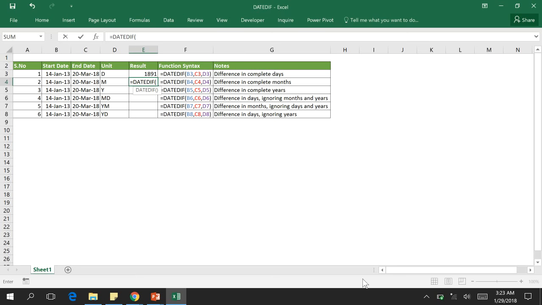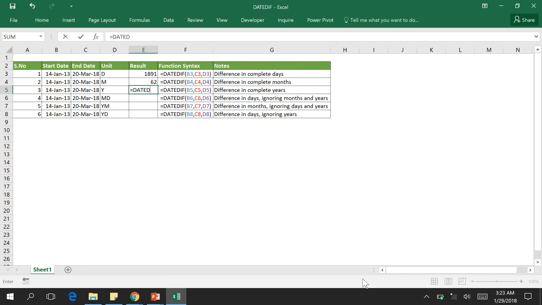Now I will put my unit as M. My first argument is start date, second end date, third is unit which is M. So it will calculate the difference in months only. So the duration from 14th Jan 2013 to 20th March 2018 is 62 months.